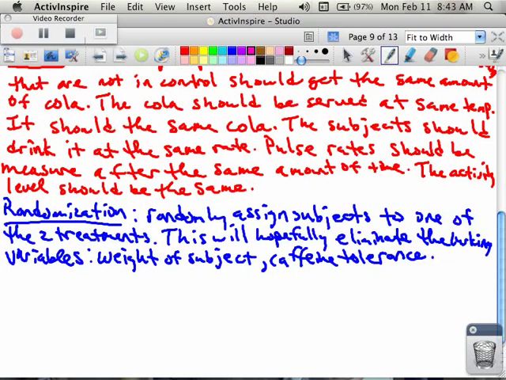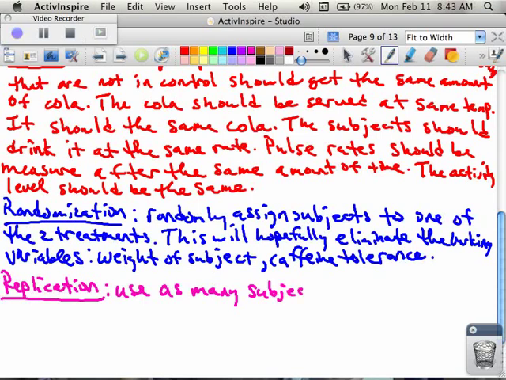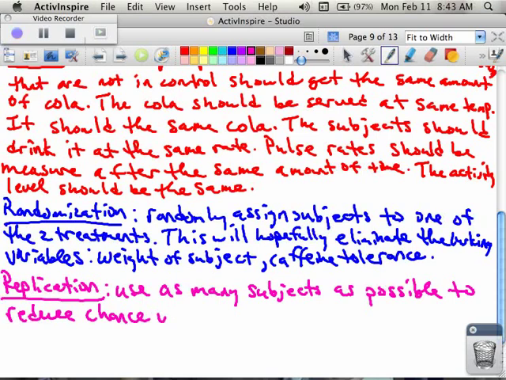The last thing that we want to talk about was replication. So here's where we want to use as many subjects as possible to reduce chance variation. This phrase is very important.